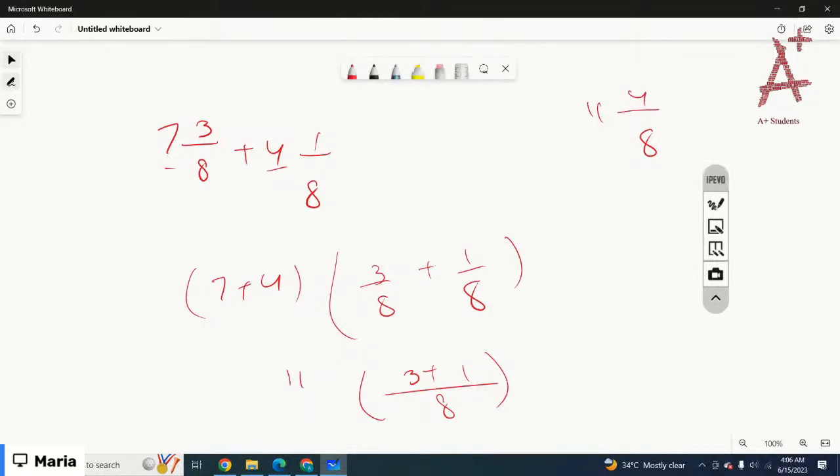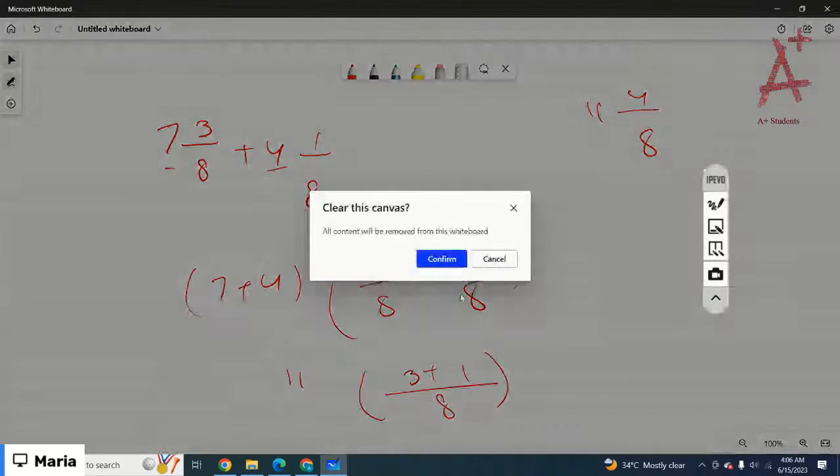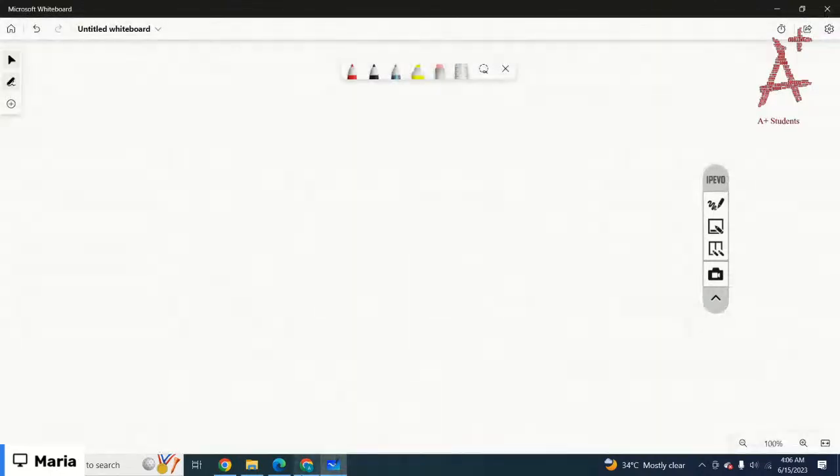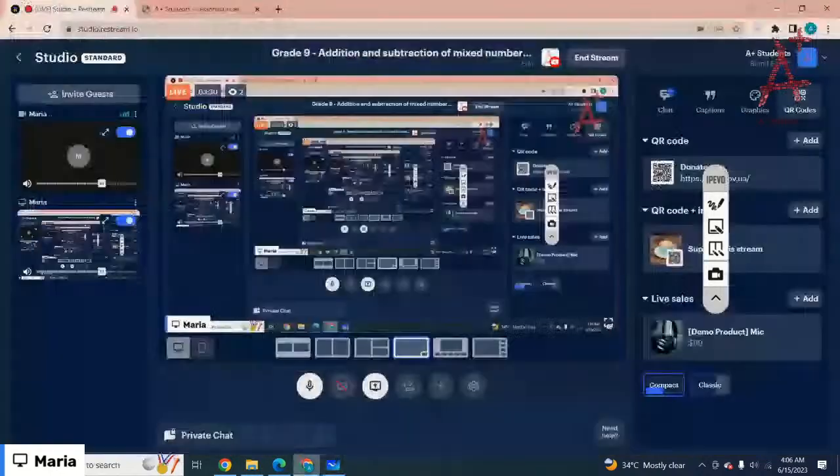Let's move on to the next one. We have to find between which two whole numbers the sum lies.